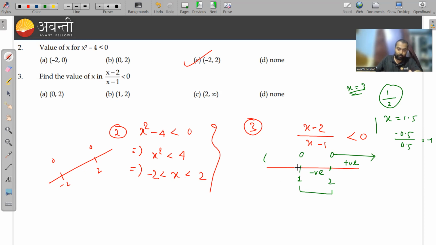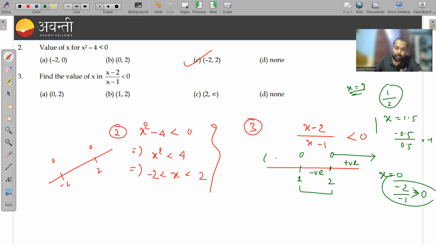Now if we take any real number x which is less than 1, suppose I take 0. If we take x equal to 0, then 0 minus 2 is minus 2, and 0 minus 1 is minus 1, which again is positive, right?